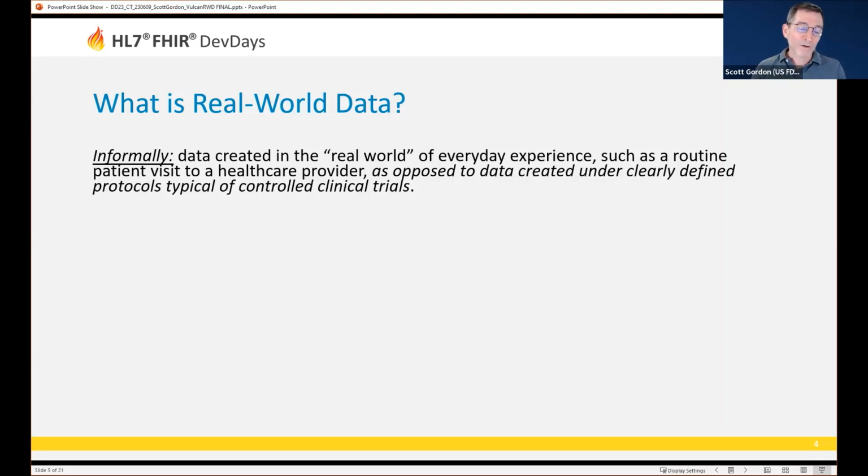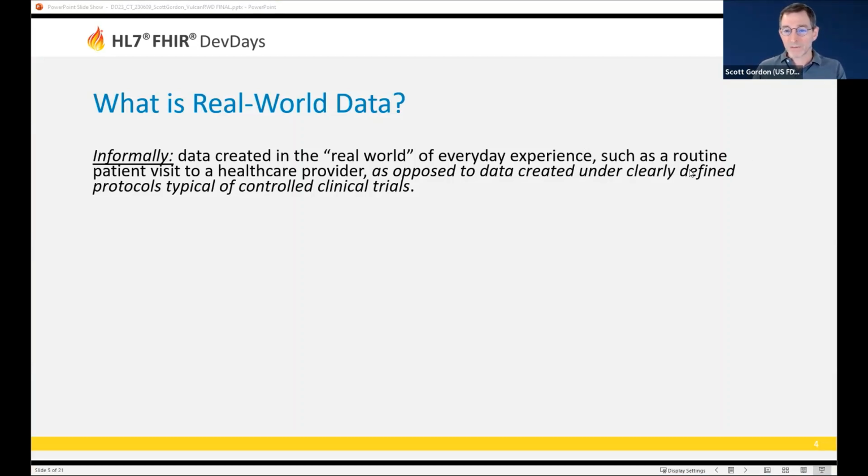Because a clinical trial is, for all intents and purposes, a science experiment, and it has to be to get clear answers with a high signal to noise ratio. But there's a lot of other data out there that is not as controlled, and therefore we're calling it real world data. It's data of everyday experience.